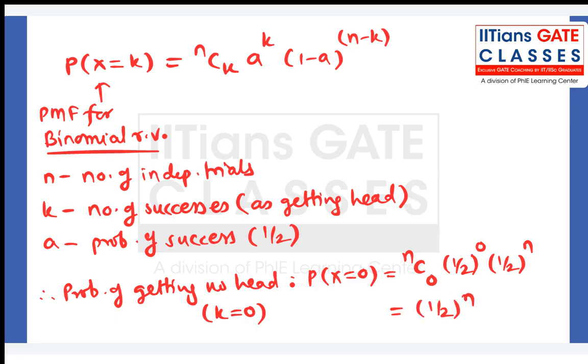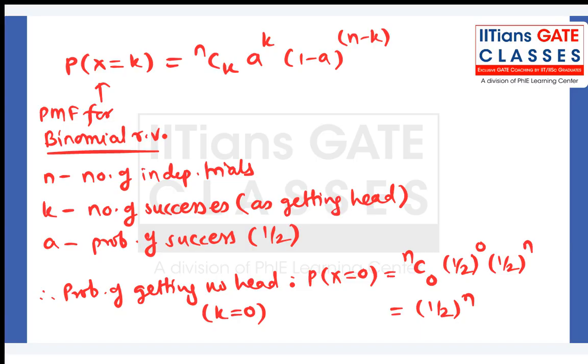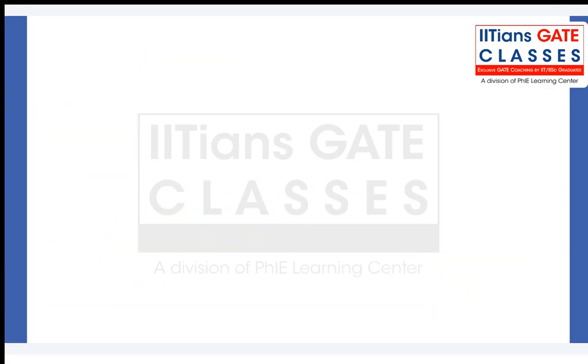Okay, and similarly now we want only one success out of n independent trials, so that is nothing but the probability of getting one head. So in that case, you have to put k equal to 1. So you want only one success. All others are failures. Okay, so let's calculate that.